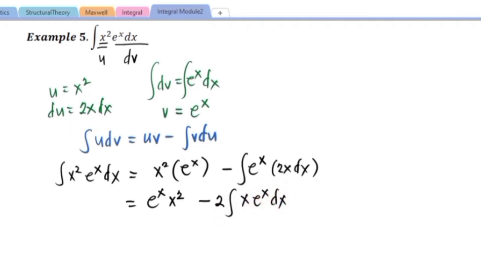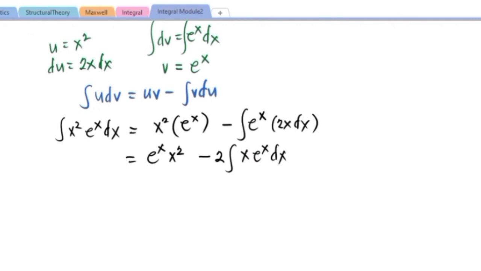So again, we will be doing the integration by parts. So we let this x as our u and this e^x dx as our dv. So u is equal to x, then du is equal to dx. And dv is equal to e to the x dx.